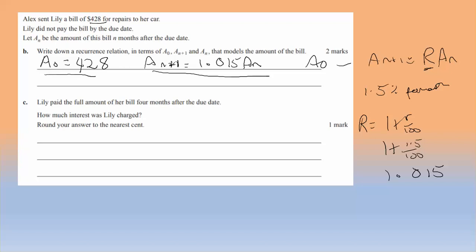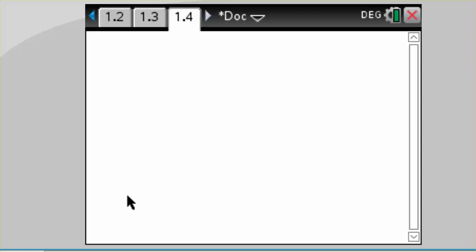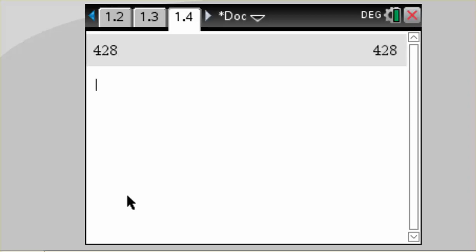Lily paid the full amount of the bill 4 months after the due date. How much interest was Lily charged, to the nearest cent? So I'm going to use my function on my CAS calculator to do this nice and quickly. So I type in my initial, 428, enter. And from my recurrence relation, it's 1.015 times the previous amount.